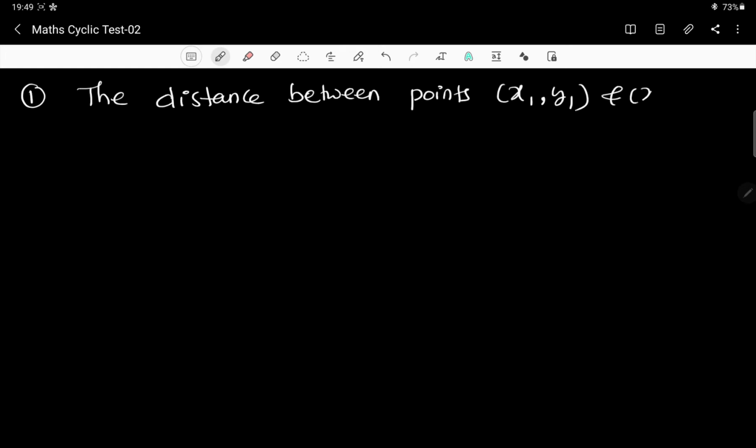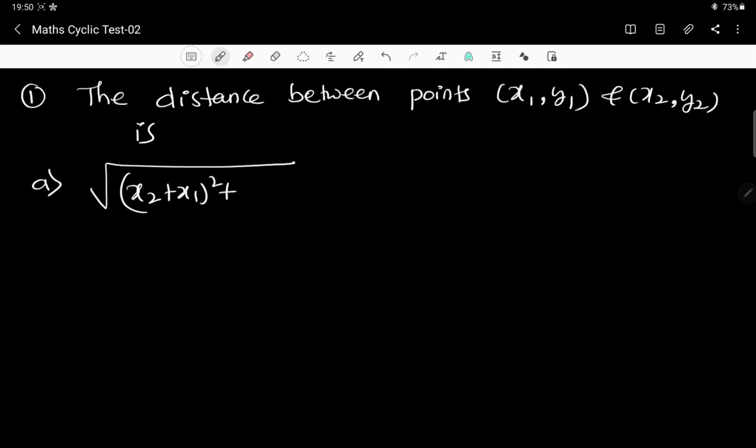The first question is like this: the distance between points x1 comma y1 and x2 comma y2 is. All right, so here are the four options. I don't know why the options are given like this. So option A is under root x2 plus x1 whole square plus y2 plus y1 whole square.